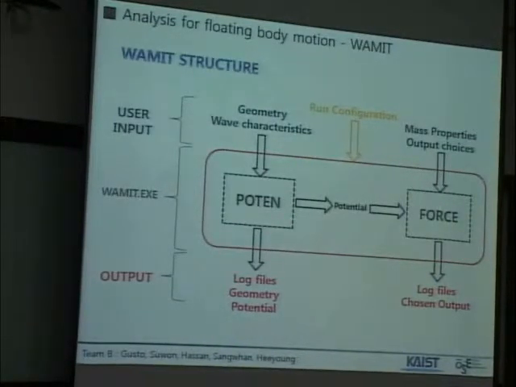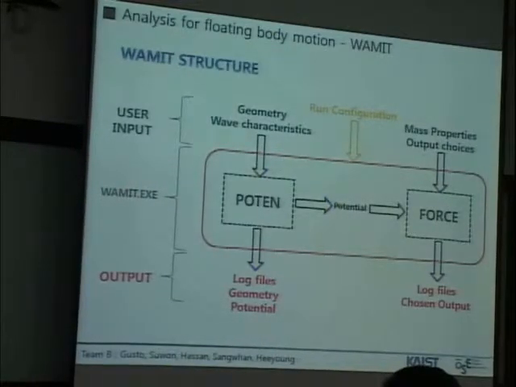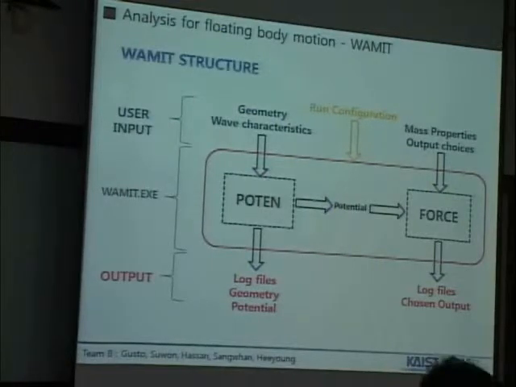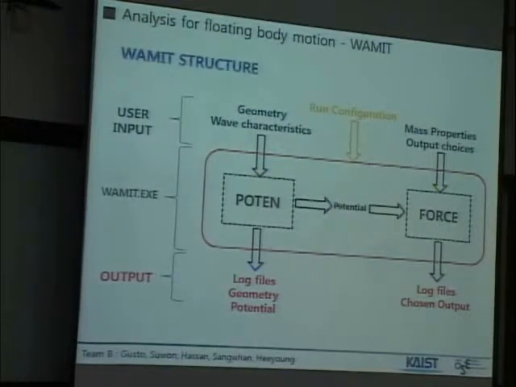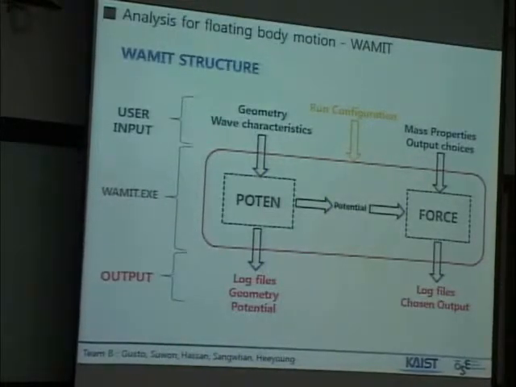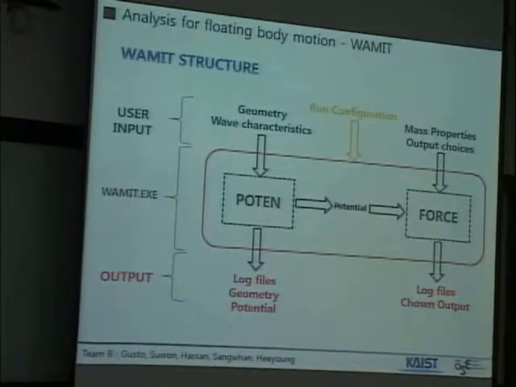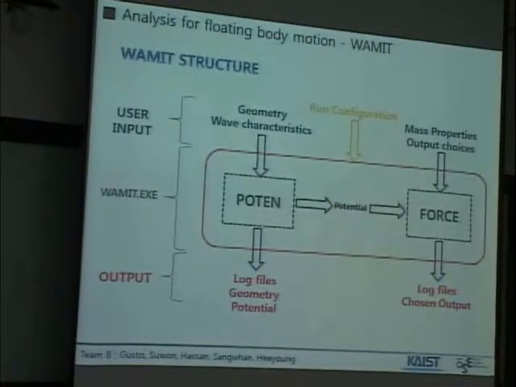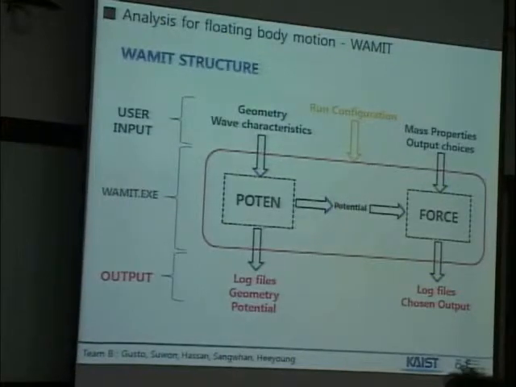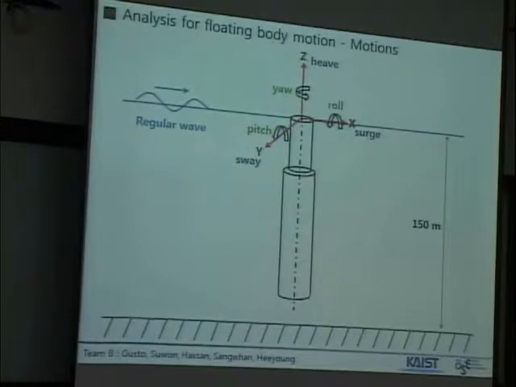I would like to briefly explain the concept and the structure of the WAMIT floating body dynamics analysis. We have to include the geometry file, the wave characteristics and the mass properties. And then we can calculate the wave exciting forces and moment from the WAMIT process. And this is the basic scheme of the hydrodynamics.